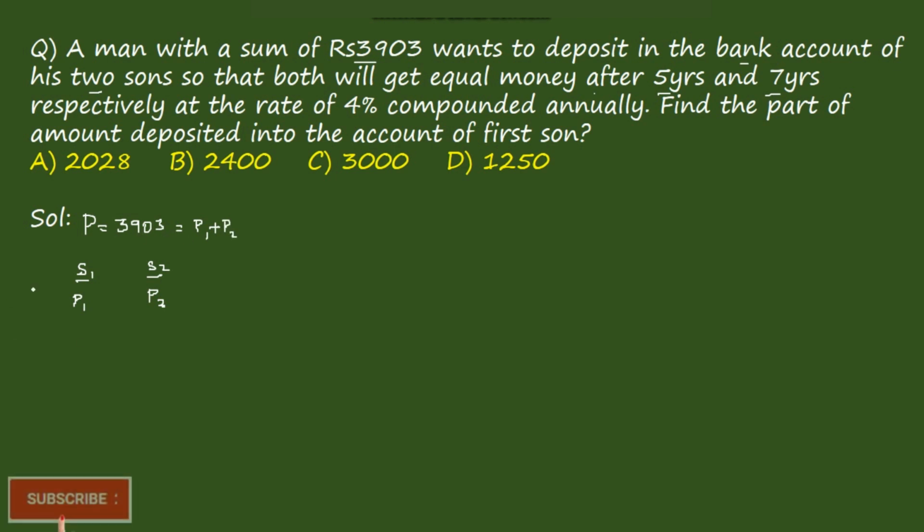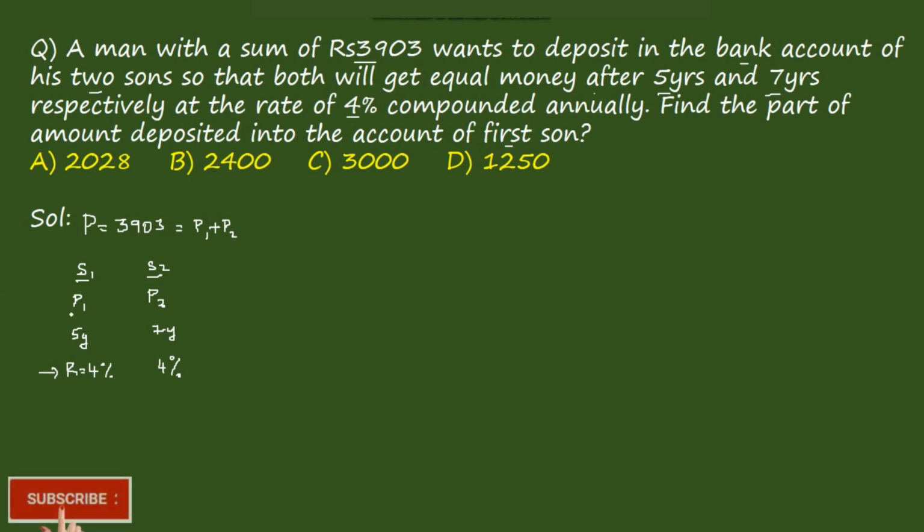For the first one, it is given as 5 years. For the second son, it is given as 7 years. Right? Again, they are saying at the rate of 4% compounded annually. So the rate is 4% for both of them. Now they're asking to find the part of the amount deposited in the account of the first son.